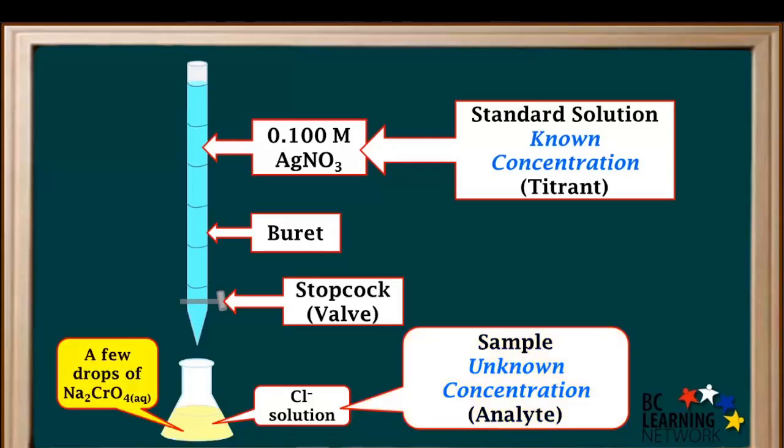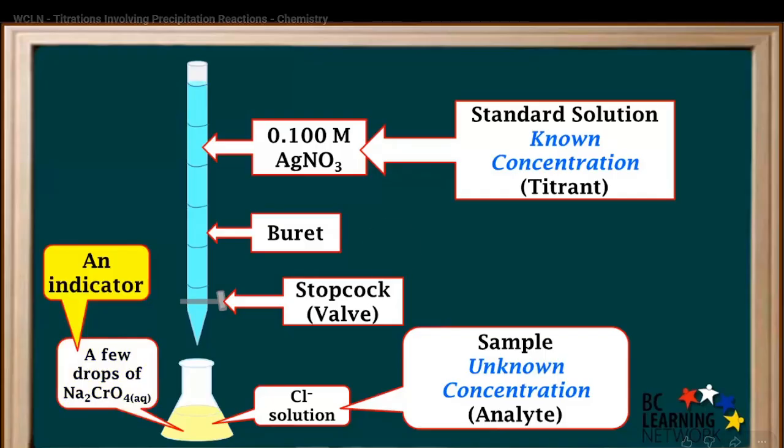In this titration, a few drops of sodium chromate solution are added to the solution. The sodium chromate solution is known as an indicator in this titration. So we have our standard, our sample, and our indicator.